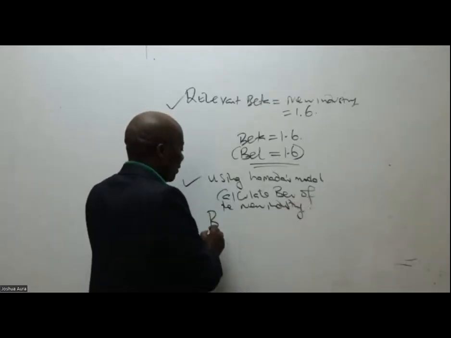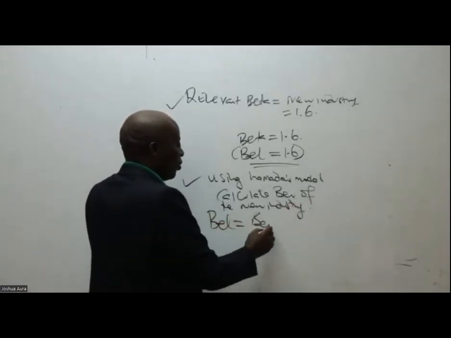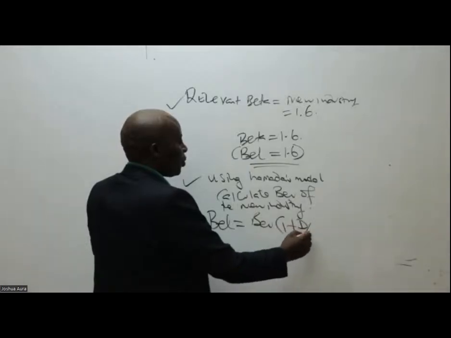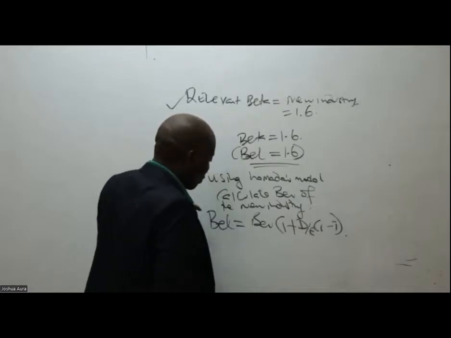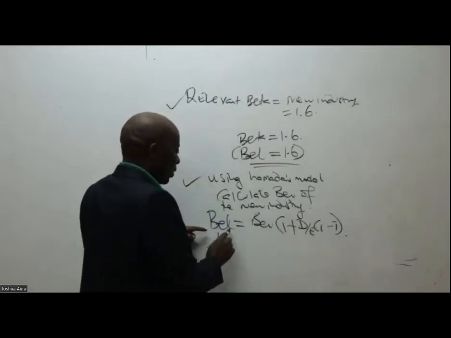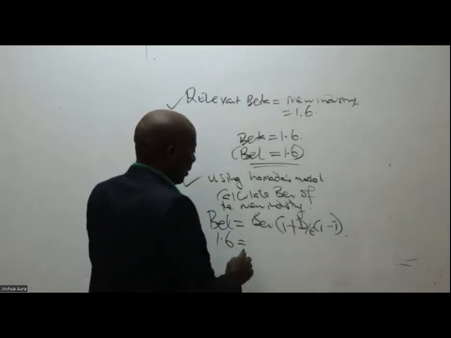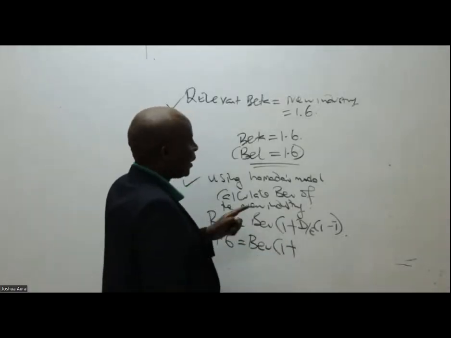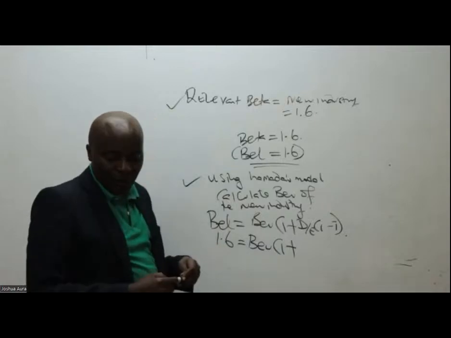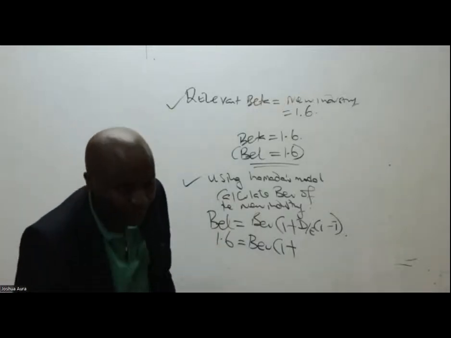So Hamada, we know it's BEL equals BEU into 1 plus debt over equity into 1 minus tax. So BEL, already given as 1.6, equals BEU, that we don't know, into 1 plus debt over equity. Has this examiner given me debt over equity of the new industry?